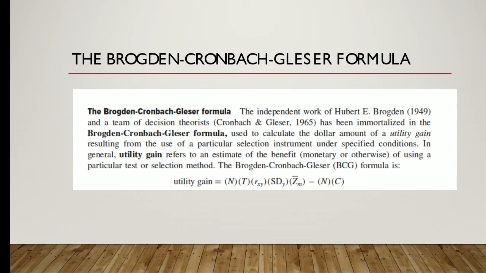As you can see in the first part of the formula, N represents the number of applicants selected per year, T represents the average length of time in the position or tenure, r subscript xy represents the criterion-related validity coefficient for the given predictor and criterion, SD subscript y represents the standard deviation of performance in dollars of employees, and Z subscript m represents the mean standardized score on the test for selected applicants.